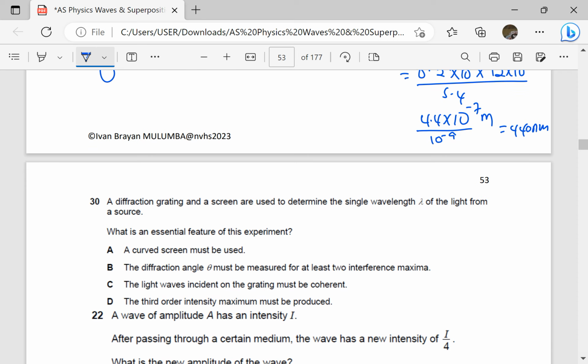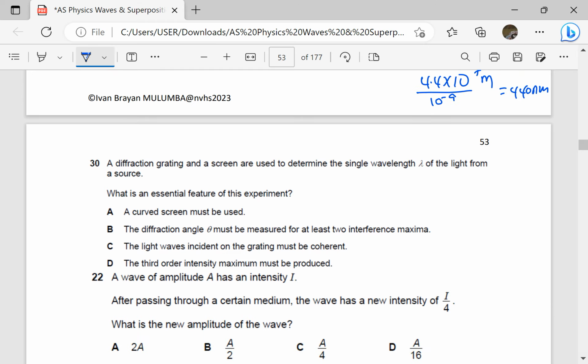A diffraction grating and a screen are used to determine the single wavelength lambda of the light from a source. What is the essential feature of this experiment? So for a diffraction grating, to determine a single wavelength, a curved screen must be used.